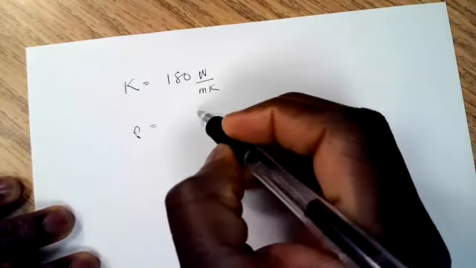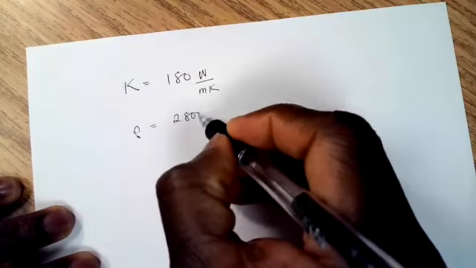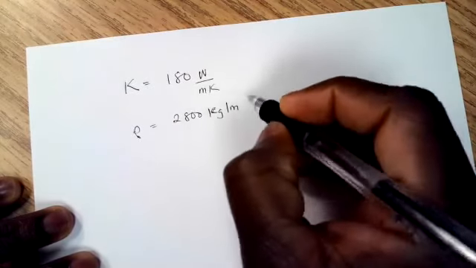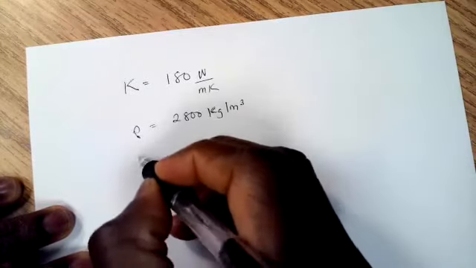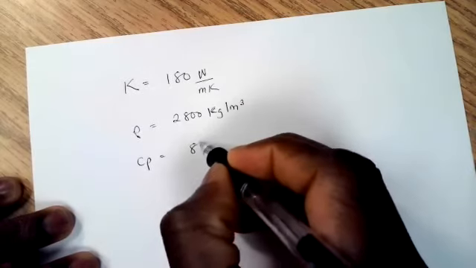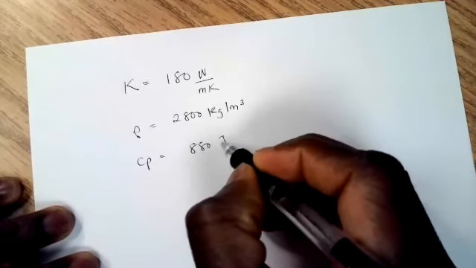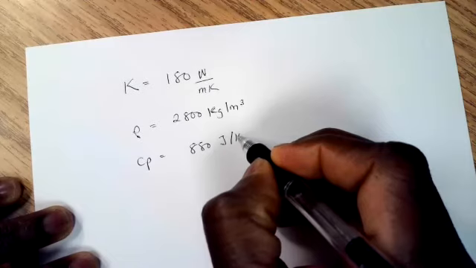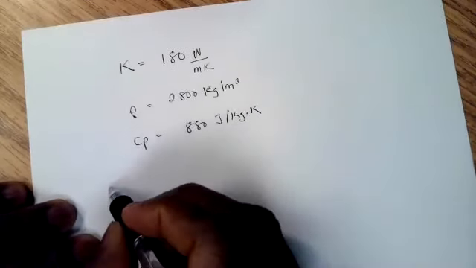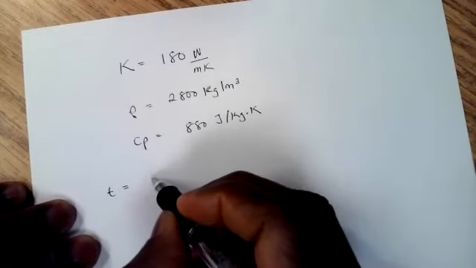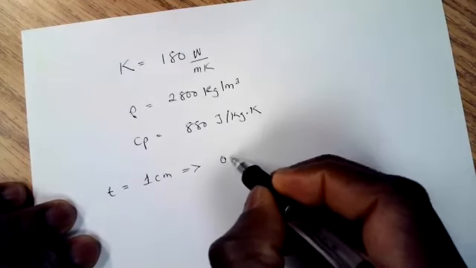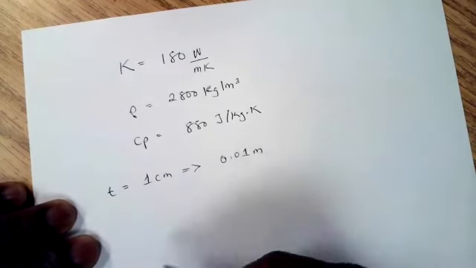Density is 2,800 kilograms per meter cubed. Cp is 880 joules per kilogram Kelvin. And then the thickness is given as 1 centimeter. You can immediately change that to 0.01 meter.